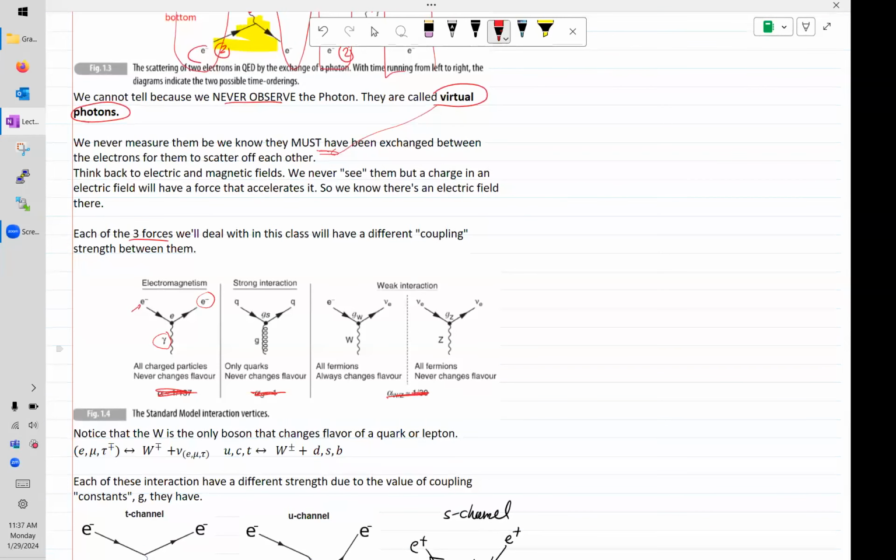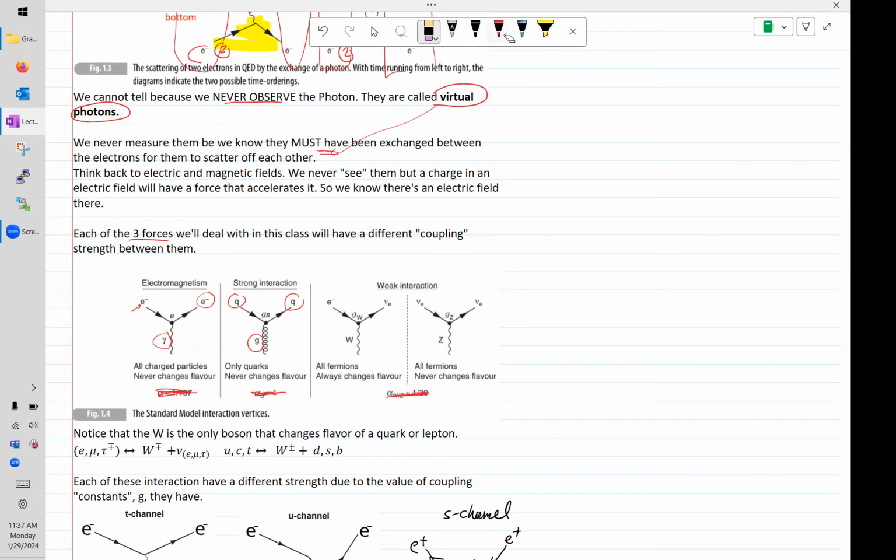For the strong interaction, similarly, all the quarks, that's why these are labeled Qs instead of F, instead of shooting off a photon, will shoot off what's known as a gluon. Remember, the gluon is the boson that couples to the strong force. Quarks are also charged, right? Down quark is negative 1/3 charge. Up quark is positive 2/3 charge.